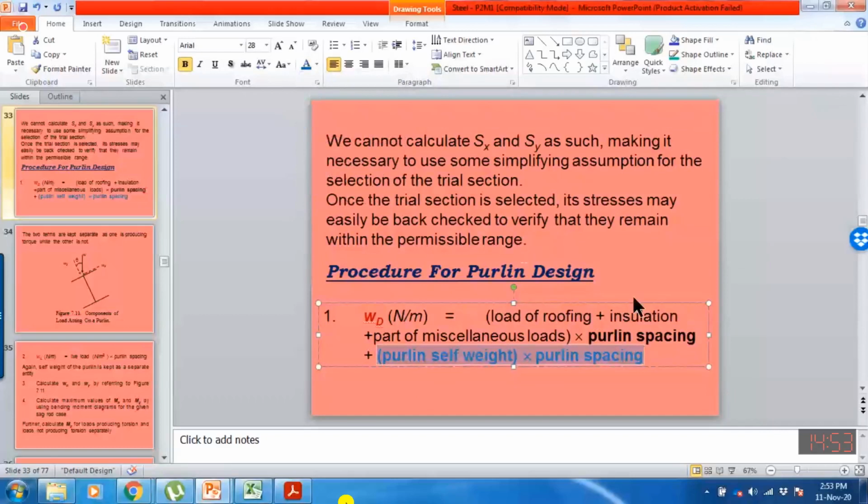Why? Because all these types of load are producing bending moment along with torsion, and the self weight is only producing the bending moment without torsion, because self weight is acting at the centroid point, just like I have explained.